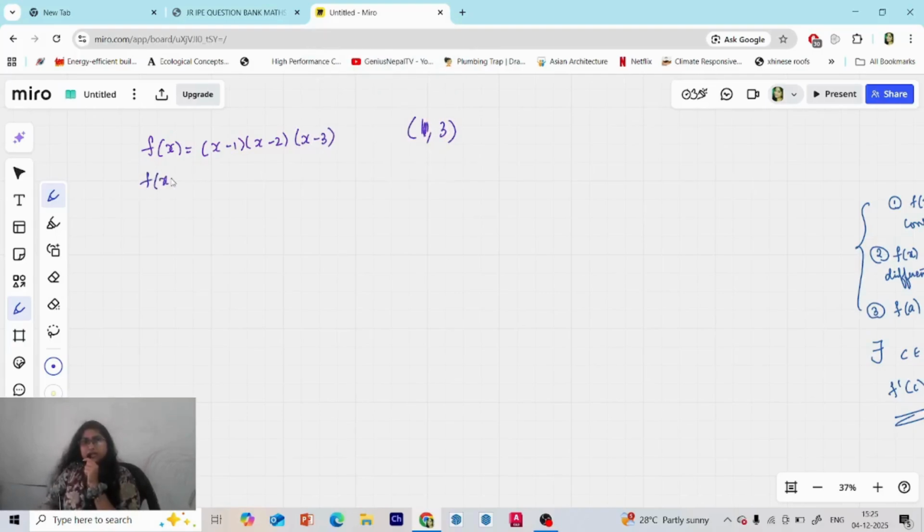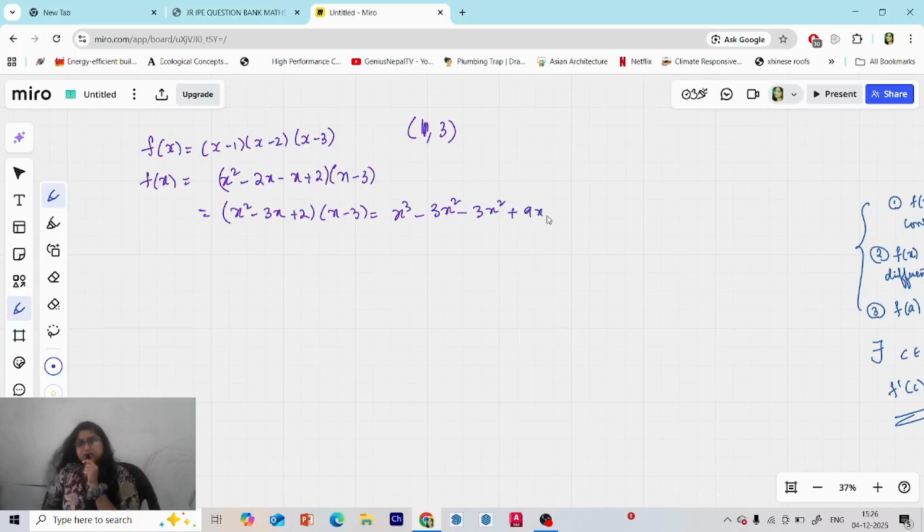Let's open the brackets. x square minus 2x minus x plus 2 into x minus 3. So here it's basically x square minus 3x plus 2 into x minus 3, and opening this, x cube minus 3x square minus 3x square plus 9x plus 2x minus 6.